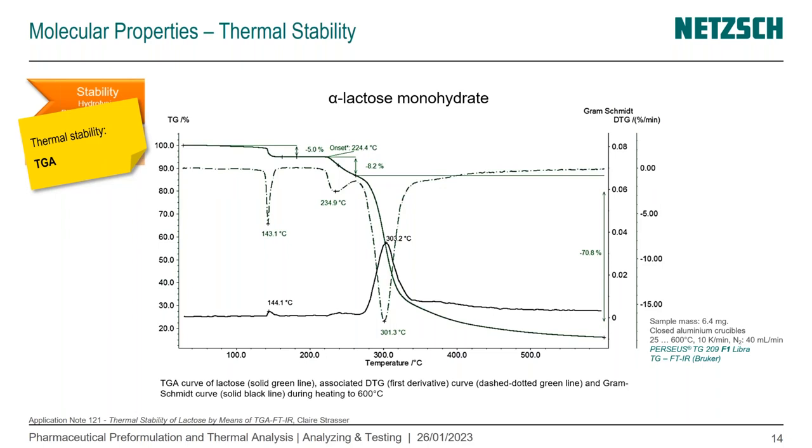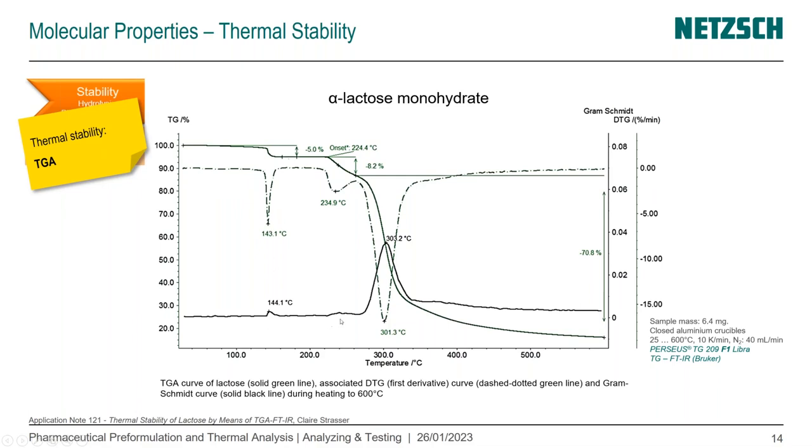This sample was analyzed with a thermobalance coupled with an infrared FTIR spectrometer from Bruker. The figure depicts the mass loss curve here in green, as we have seen before, but also the first derivative of this curve.